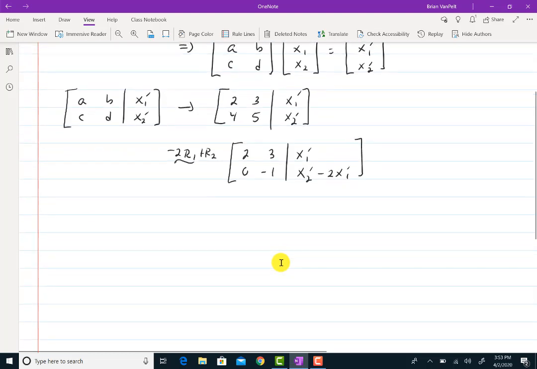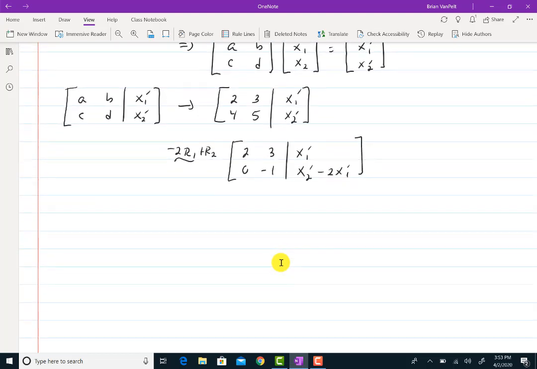Well, what you have here then is this negative 1 means that negative 1 times x2 equals x2 prime minus 2x1 prime. These are all functions of t. There's no way of solving something like this because I have too many unknown quantities in one equation.